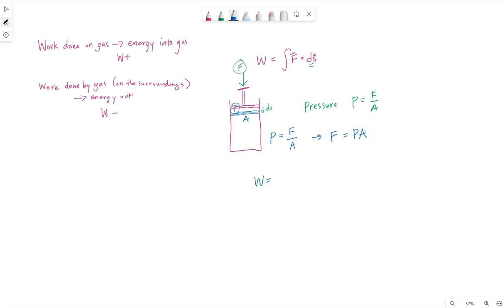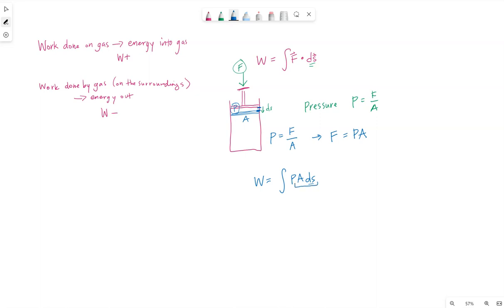So if I plug that in for the work, now the force is in the same direction as the displacement, so I don't need to worry about the dot product. So integral of pressure, we have our cross-sectional area, so pressure times area was the force. ds is talking about the small little distance the piston ends up moving, which in turn is moving some of the gas.